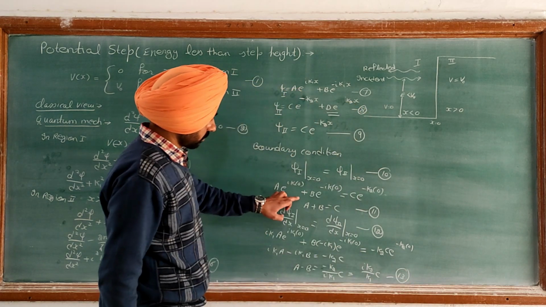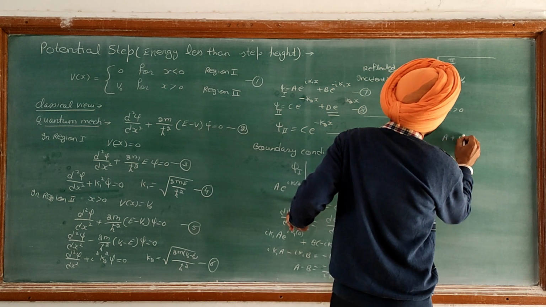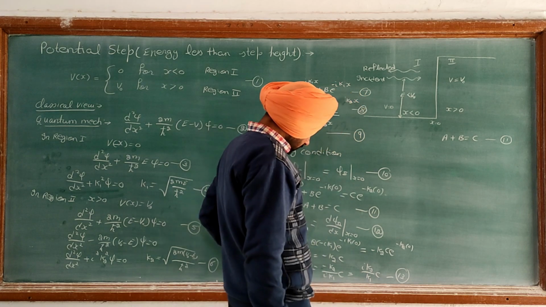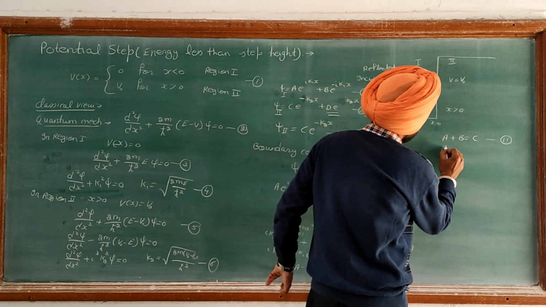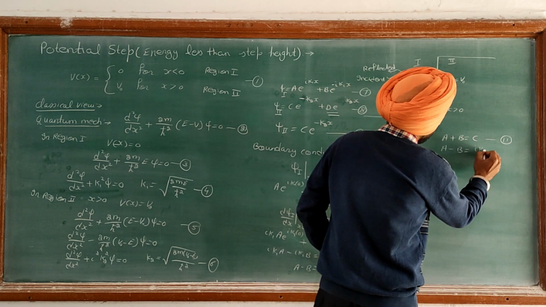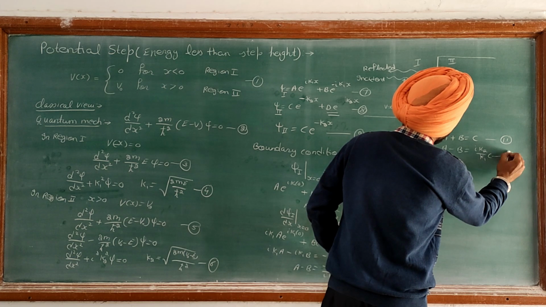Now we have equation 11 as A plus B is equal to C, and I am rewriting it again, and equation 13 is A minus B is equal to iota k2 upon k1 into C.